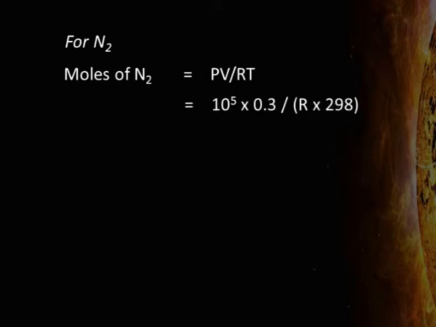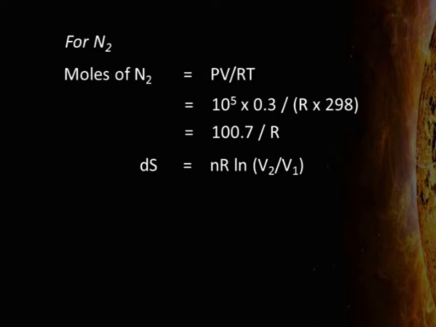Similarly, we can calculate the entropy change for nitrogen also. Now, number of moles of nitrogen will be equal to PV divided by RT. P is 10^5 newtons per meter square, V is 0.3 meter cube and T is 298 Kelvin. Putting all the values, we will get number of moles of nitrogen equal to 100.7 divided by R. Now, dS will be equal to nR natural log V2 divided by V1.